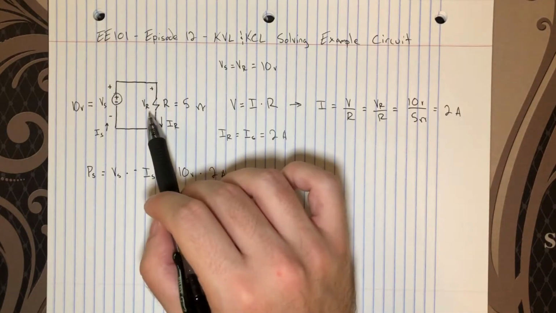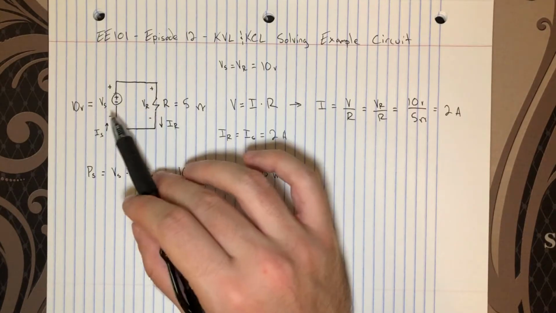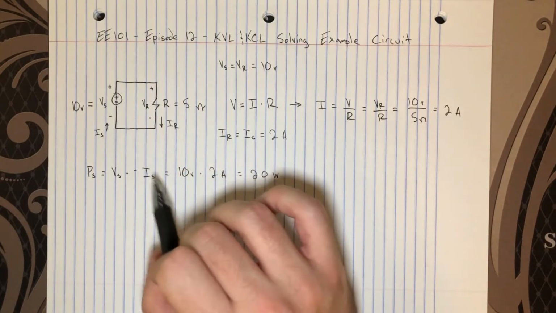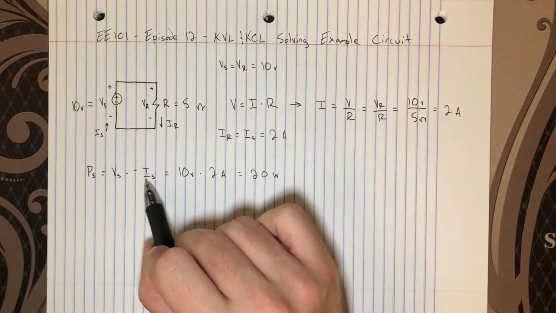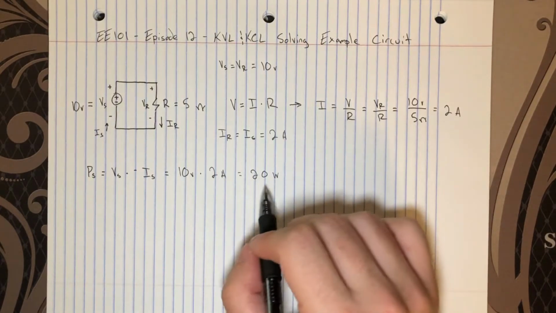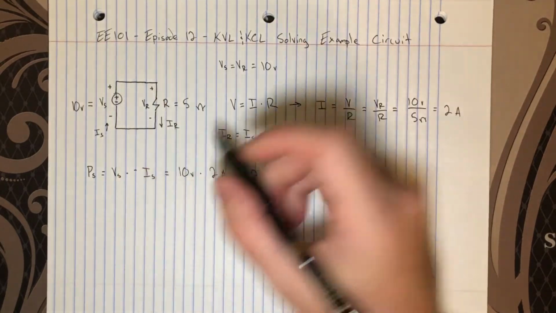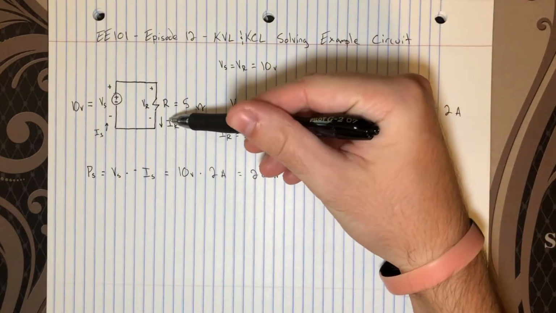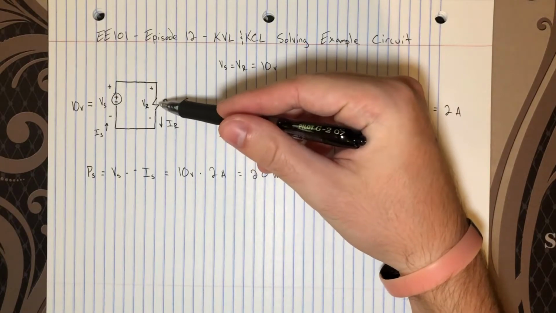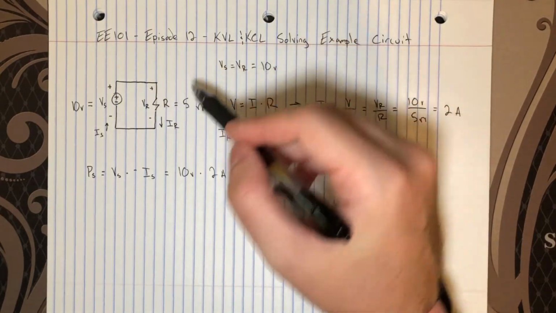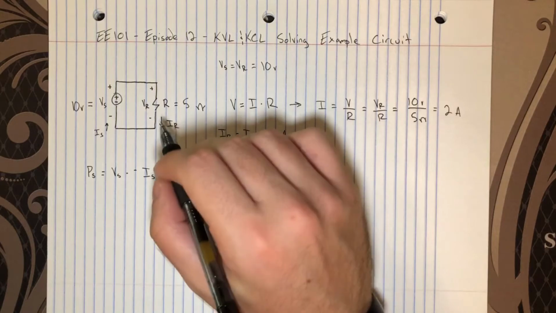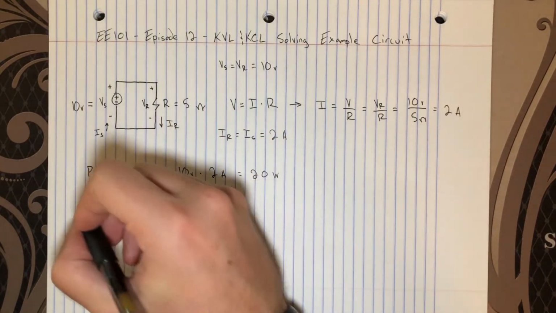It would be super easy because we know VR and VS are the same, and IR and IS are the same. So actually, by writing this out, we've essentially already solved for it, with the caveat that this must be a positive power. And if you notice the flow of current through the resistor versus its voltage polarity, it's actually the opposite direction. So in this case, I'll say that this has a positive current.